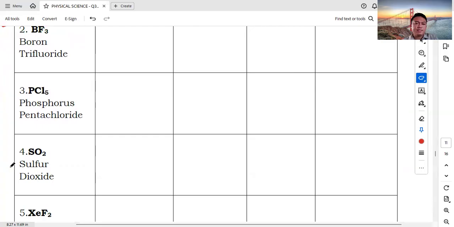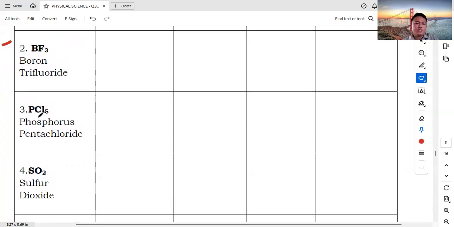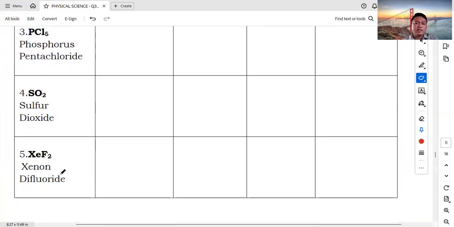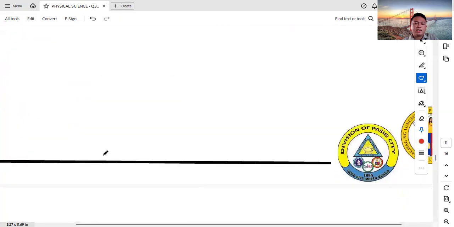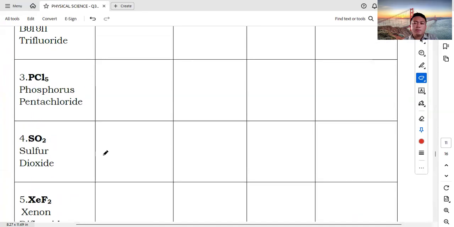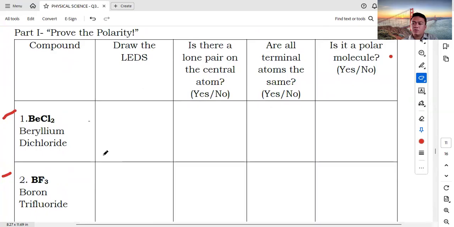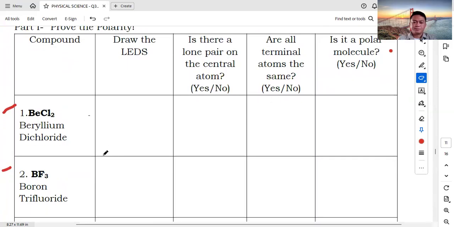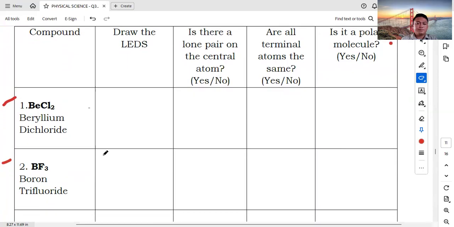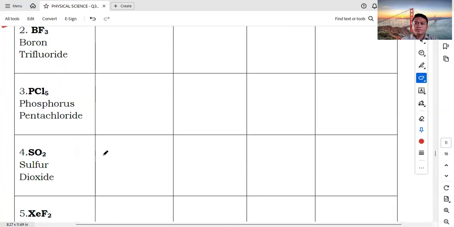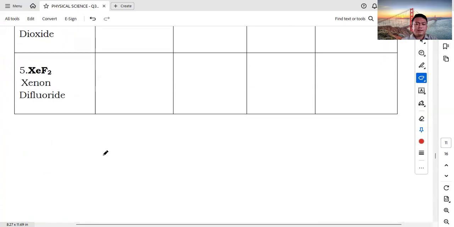Number 3 is phosphorus pentachloride. Number 4 is sulfur dioxide. Number 5 is xenon difluoride. So those are the five, and do this in your activity notebook. Finalize it. Let's proceed.